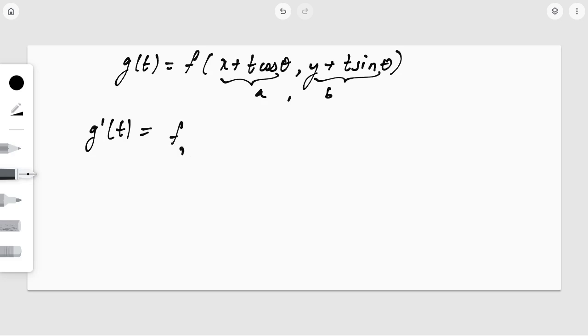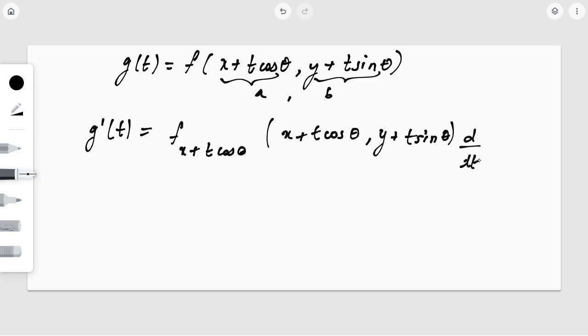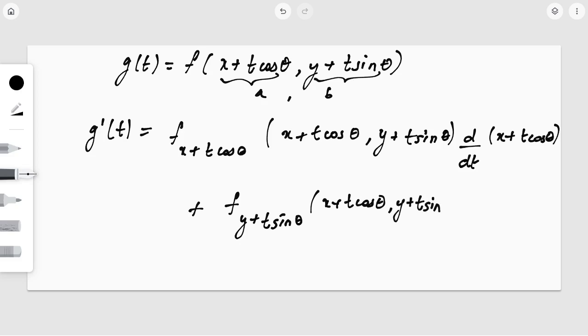So what will it be? It will be the partial derivative of f with respect to x plus t cos theta, evaluated at x plus t cos theta comma y plus t sin theta, and by chain rule, into the derivative d by dt of x plus t cos theta, plus the partial derivative of f with respect to y plus t sin theta, into, using chain rule, the derivative of y plus t sin theta.